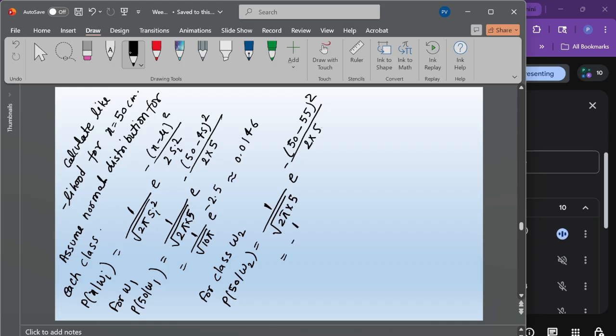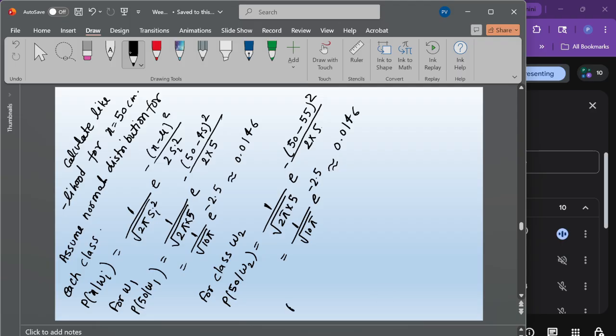So again if you calculate, you will get root 10 pi e to the power, so 50 minus 55, so minus 5, whole square, right? So again here you just calculate 2.5. So this is the same value, that is also the same 0.0146, right?